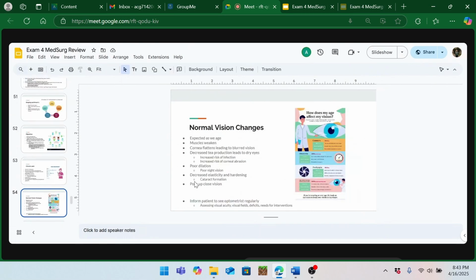Normal vision changes. Our eyes do change and our vision does change as we age. The muscles weaken, the cornea flattens, which can kind of blur our vision. And then we get dry eyes because of the decreased tear production. This increases risk of infection and corneal abrasion. Our eyes don't dilate the same that they do when we're young, which leads to poor night vision.